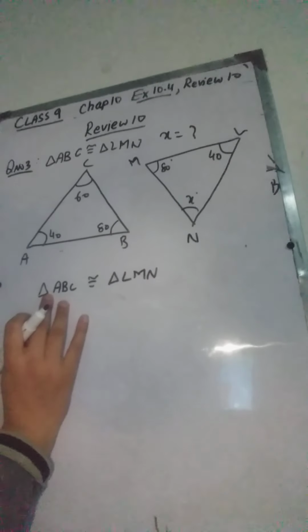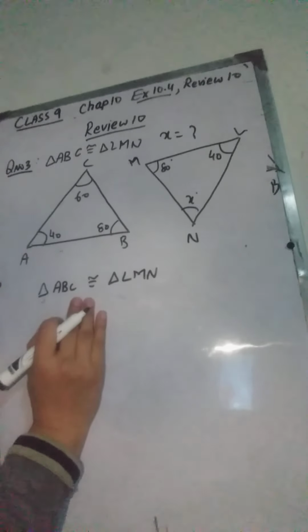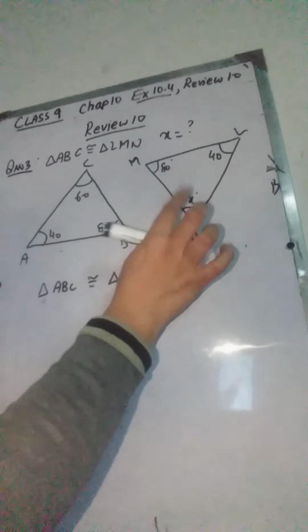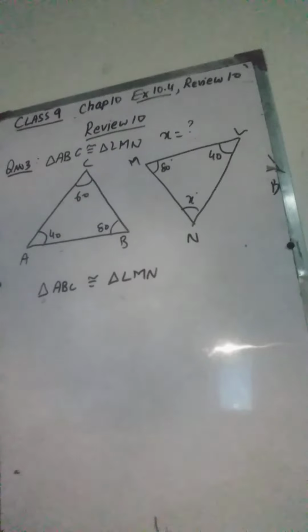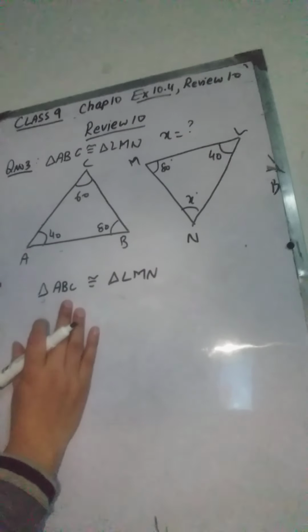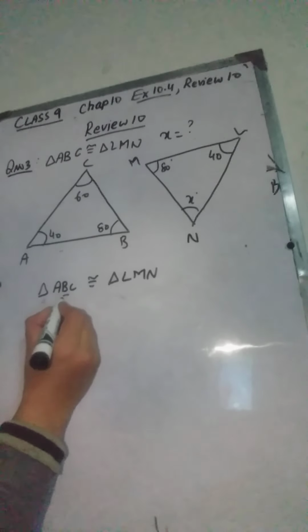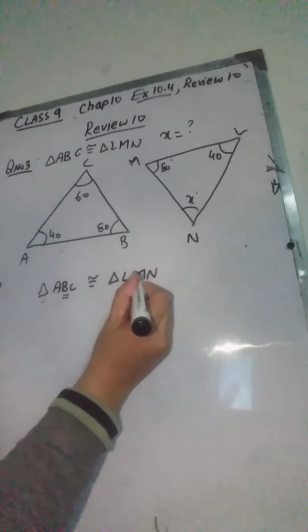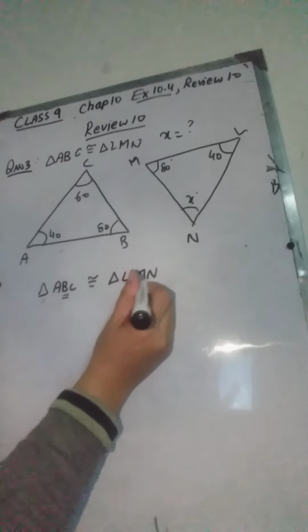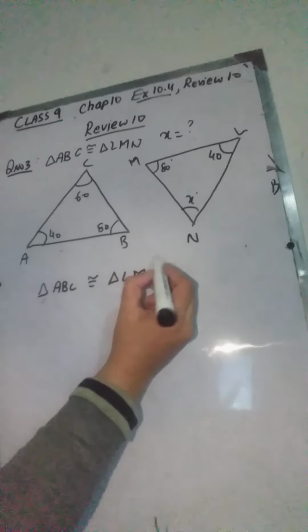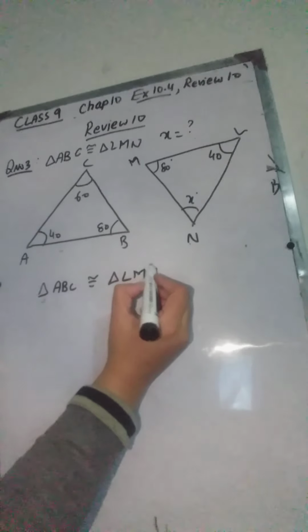As these two triangles are congruent, their corresponding angles are also going to be congruent. Now we need to find x. What is the value of x, this angle? Corresponding to the angle B, we have the angle at M, and x is the angle at the vertex N of this triangle.